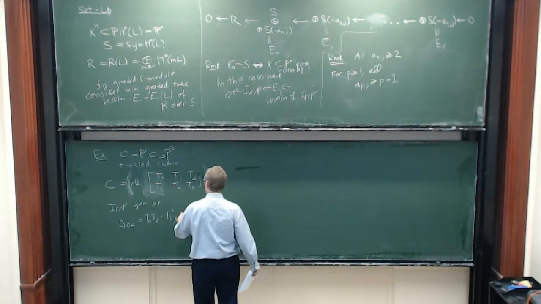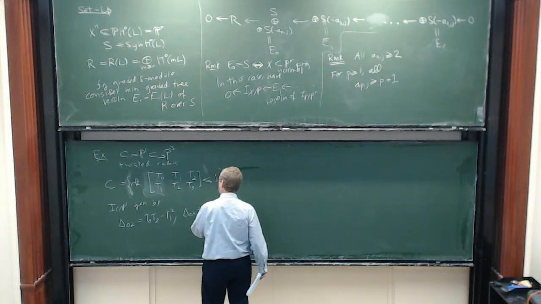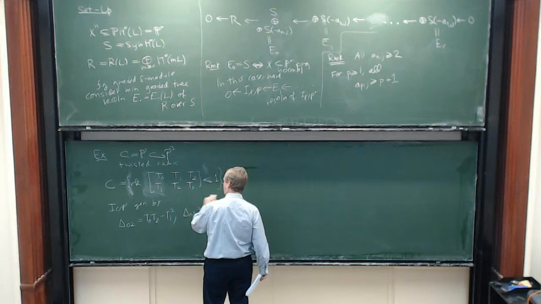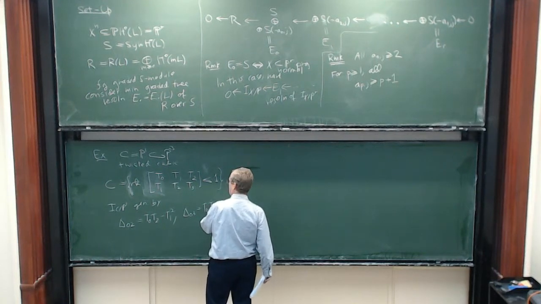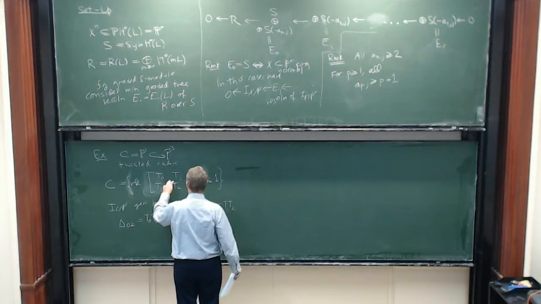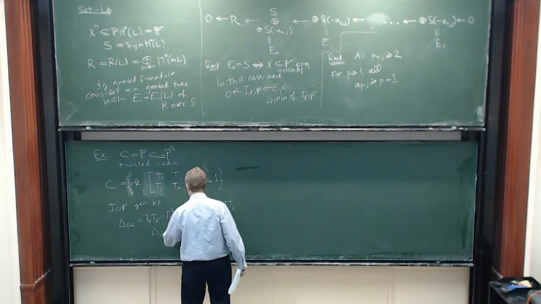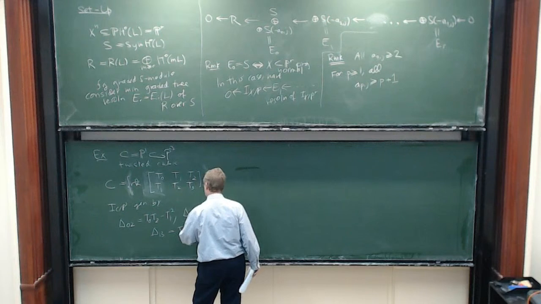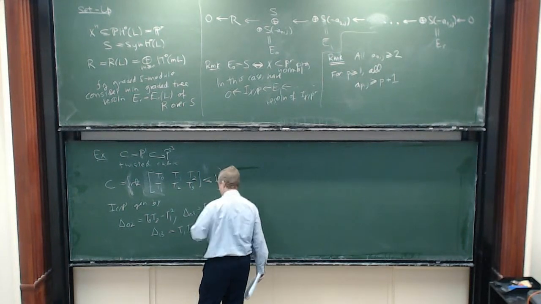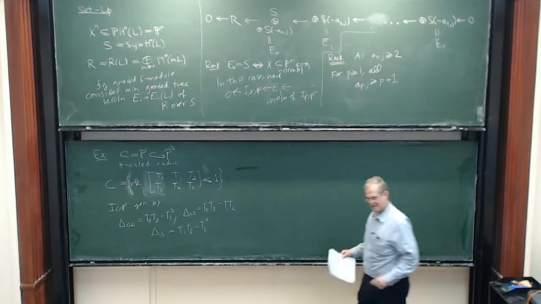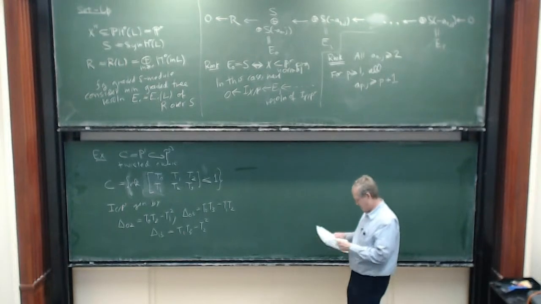Delta 0,3 will be T0 T3 minus T1 T2. And then delta 1,3 will be T1 T3 minus T2 squared. It's classical that these generate the ideal.